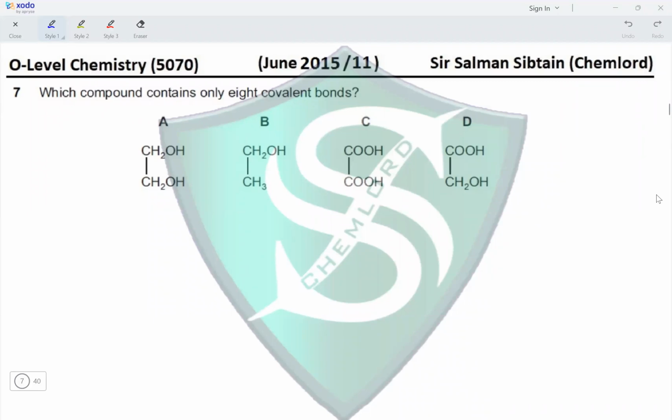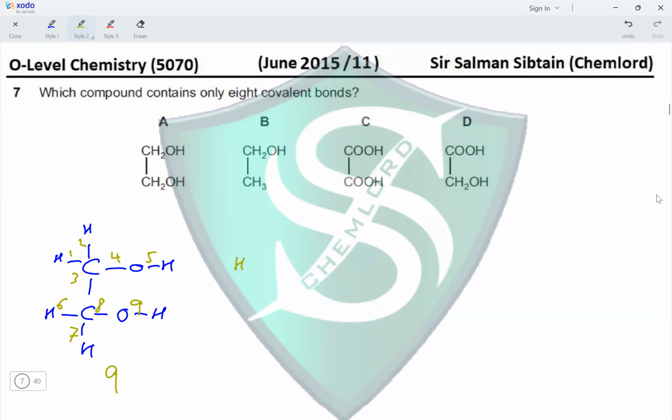Question 7. Which compound contains only 8 covalent bonds? So, in this, we've got CH2OH present here. Then we've got another CH2OH attached to the first one. So, in total, we've got 1, 2, 3, 4, 5, 6, 7, 8, and 9 covalent bonds present in this molecule.